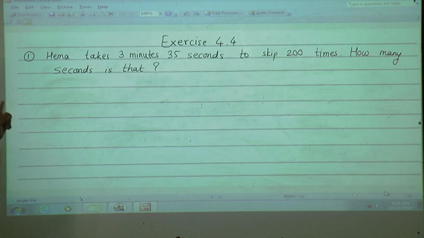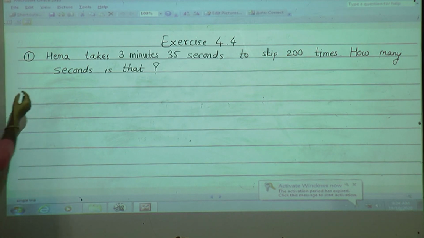Now they had given some minutes and seconds, but here we have to convert into seconds only. So try to recall your memory, what we have to do when you want to convert minutes into seconds. Yes, of course, we have to multiply by 60, isn't it? Why? Because 1 minute is equal to how much?